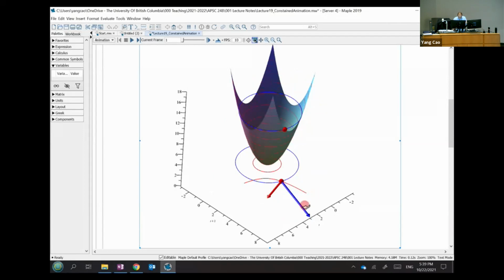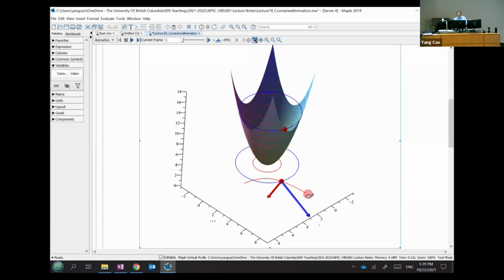You can see the blue one, and that circle is the level curve. The blue one is perpendicular to the level curve. You can also see the red one is perpendicular to the constraint xy equal to 3, which is also a level curve. We mentioned that.